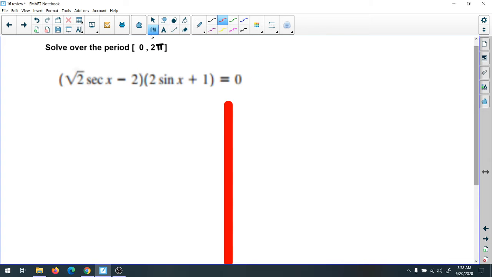The first section is square root of 2 secant x minus 2 equals 0. And section 2 is 2 sine x plus 1 equals 0.